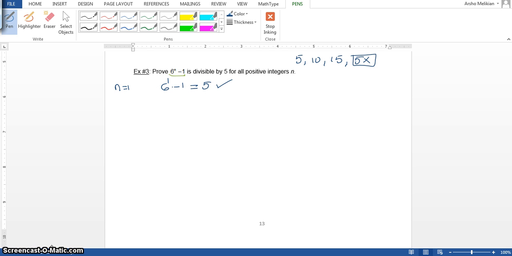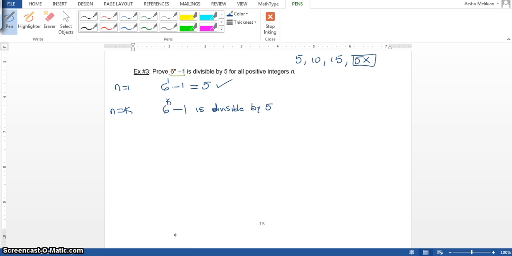Now, in this problem, next we're going to do n equals k. So that means 6 to the power of k minus 1 is divisible by 5. Okay?